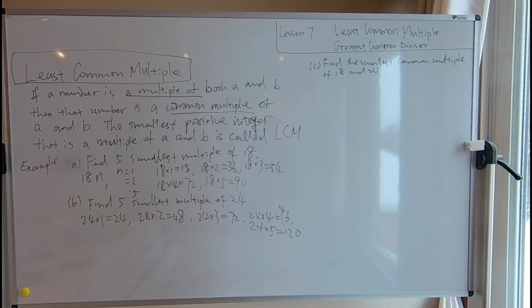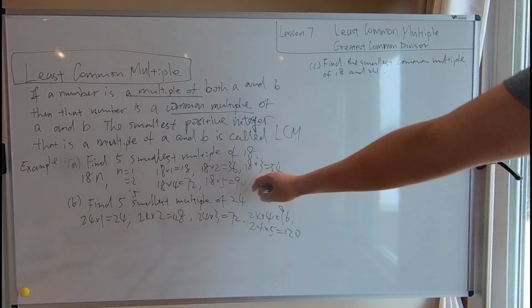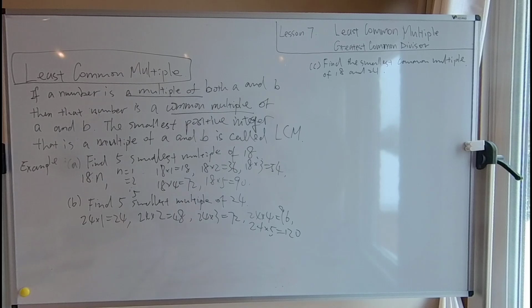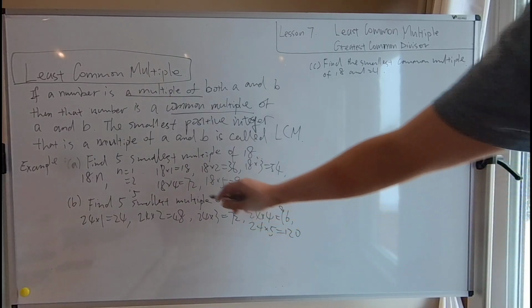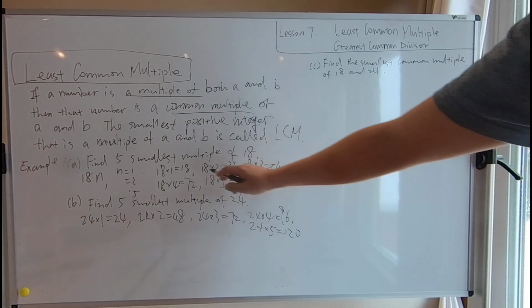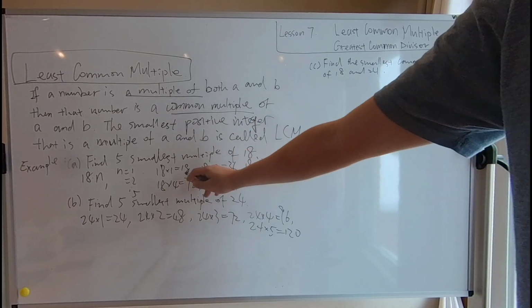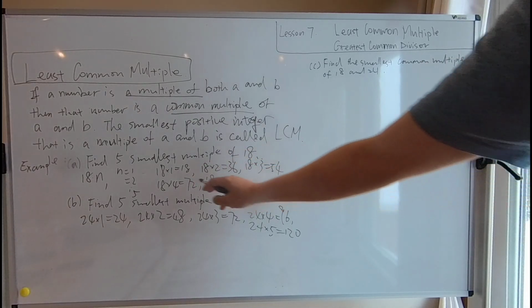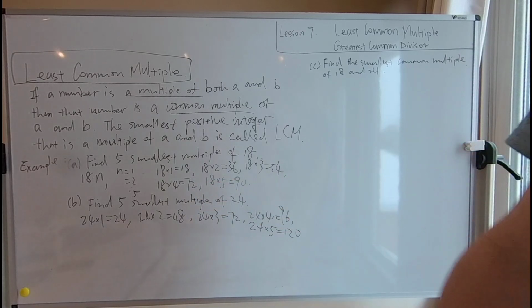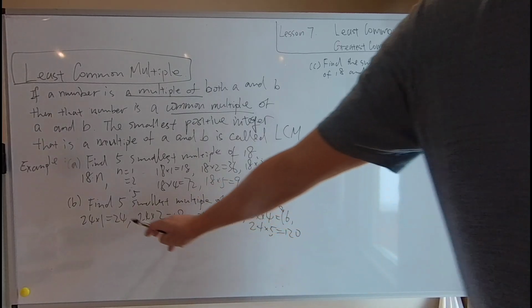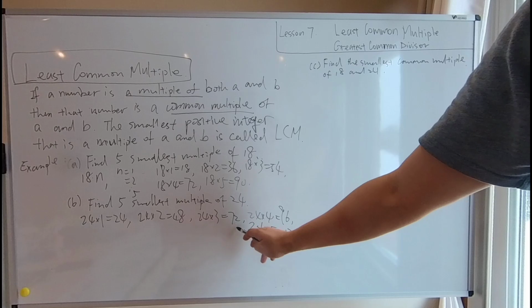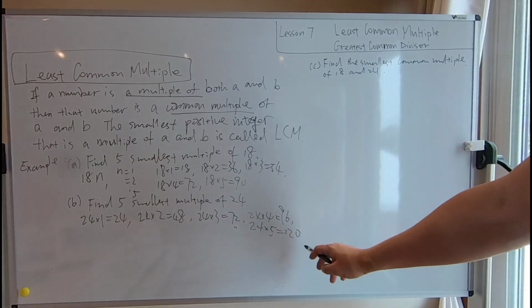In fact, if you couldn't find a common multiple, you can keep listing until you find the first one. Right now in this example, the first 5 smallest multiples seem sufficient. From 18, you have 18, 36, 54, 72, 90, and from the multiples of 24, you have 24, 48, 72, 96, 120.